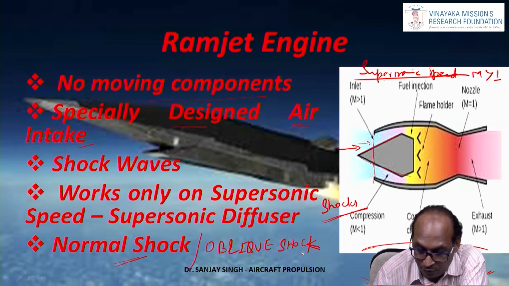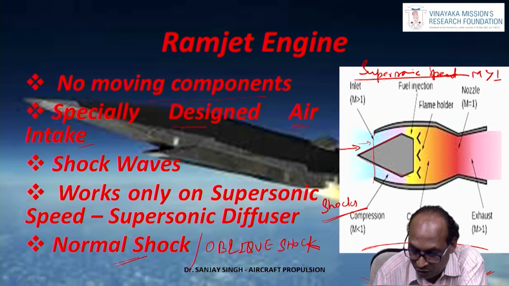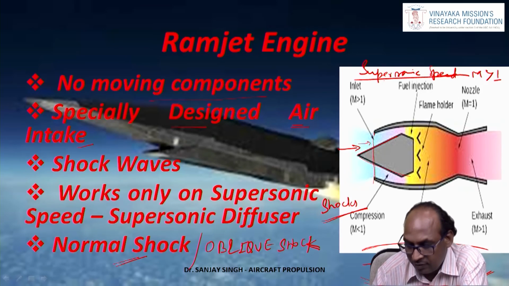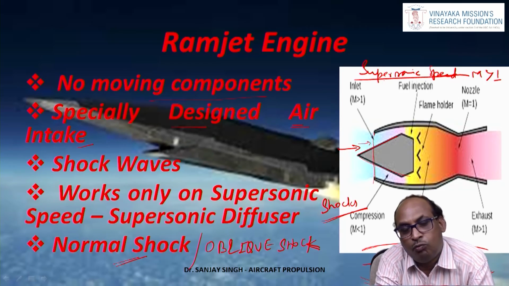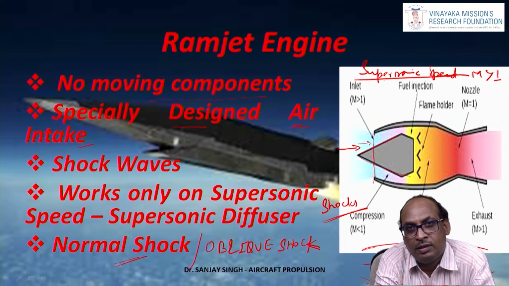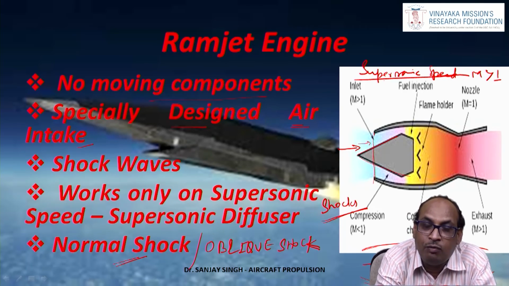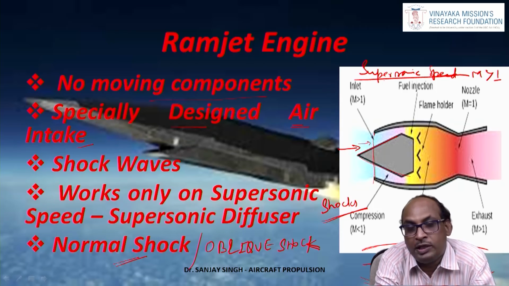Then what is the purpose of the normal shock? If the air before the normal shock is at Mach 1 or above, after the normal shock the speed will be reduced to less than Mach 1. So the supersonic speed will compulsorily be reduced to subsonic speed.